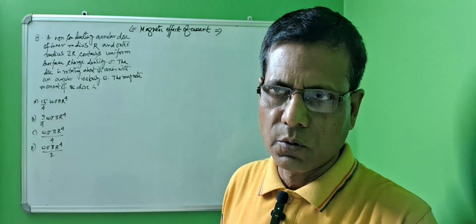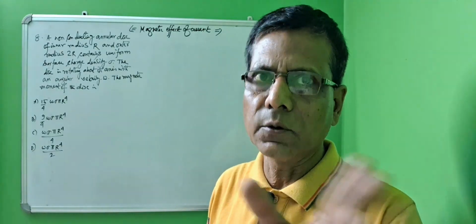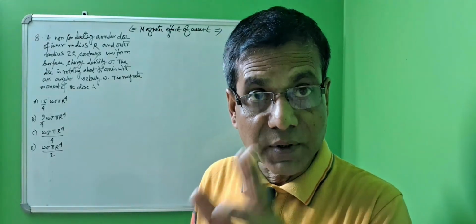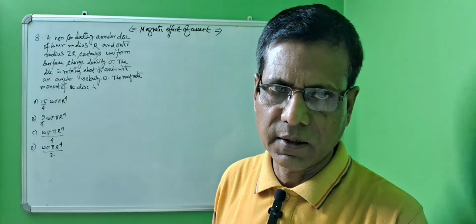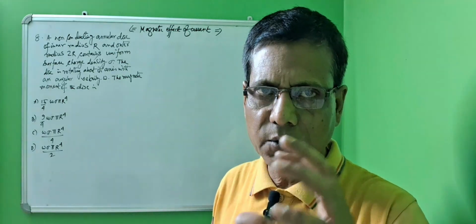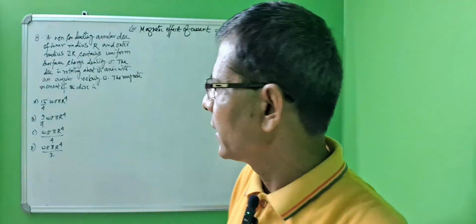When this current is multiplied by the area of the annular ring, we get the magnetic moment of that annular ring. And integrating from R to twice R, we get the total magnetic moment for the total annular disc.